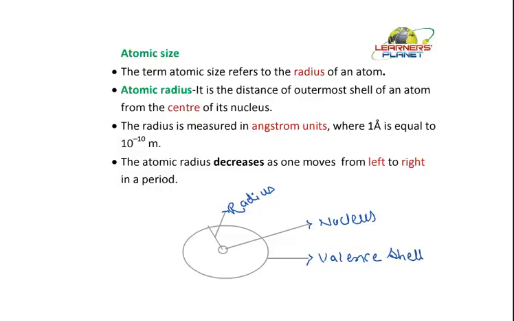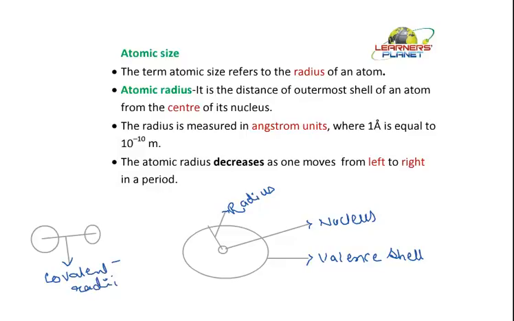Like in a covalent compound, it would be a covalent radius, that is the distance between two bonded atoms. Say these are two atoms which are bonded, and the distance between their centers will be the covalent radii. This you don't have to do, I'm just telling you an example.